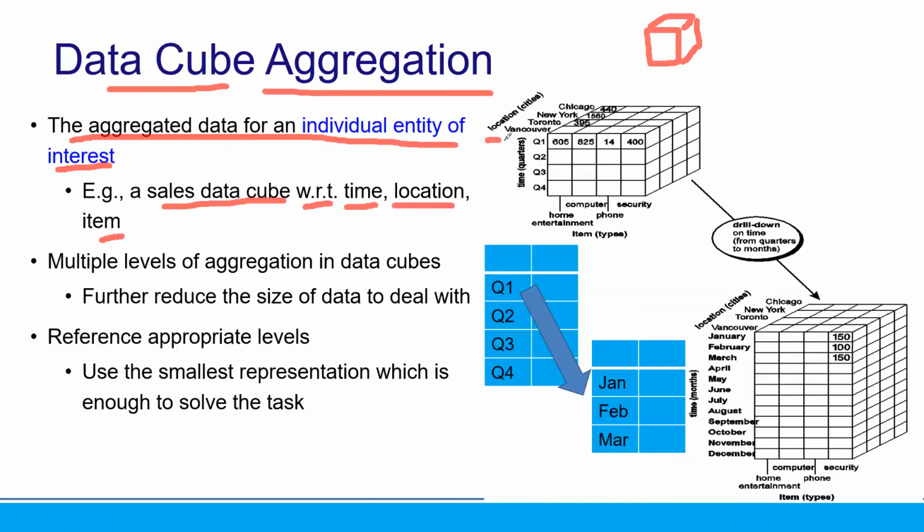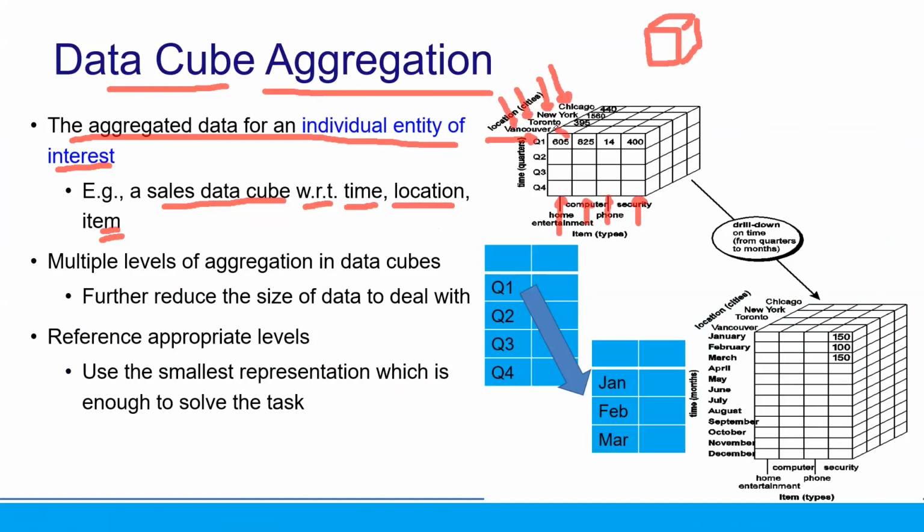So you can see the time, this is Q1. Location is the city, whether it is Chicago, New York, Toronto, or Vancouver. And for items, I can have home entertainment, computer, phone, or security products.